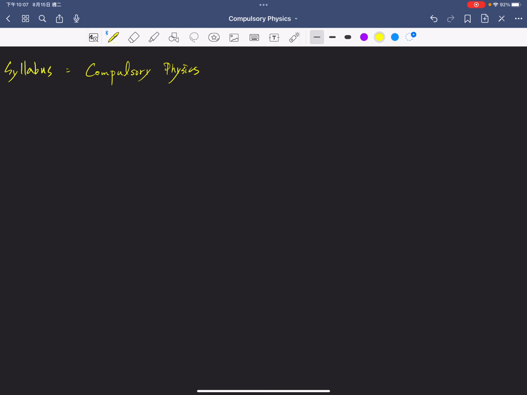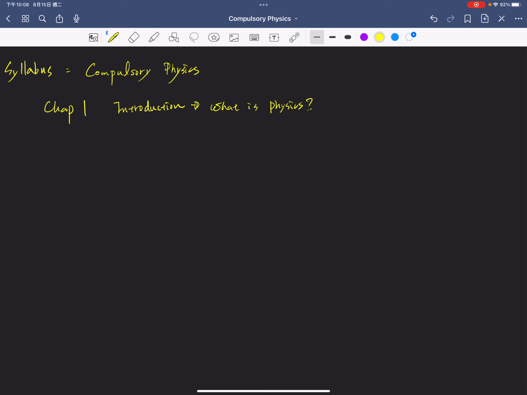First of all, here's chapter 1, and chapter 1 is the introduction. We know that the introduction is full of lots of things, for example, what is physics? So what is physics really?